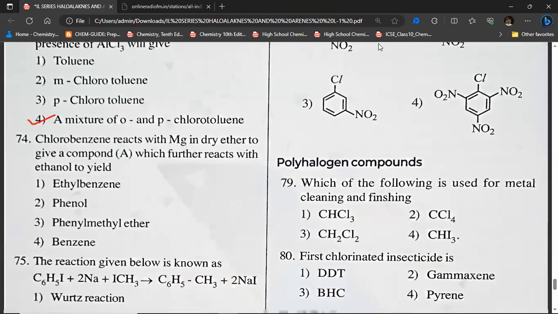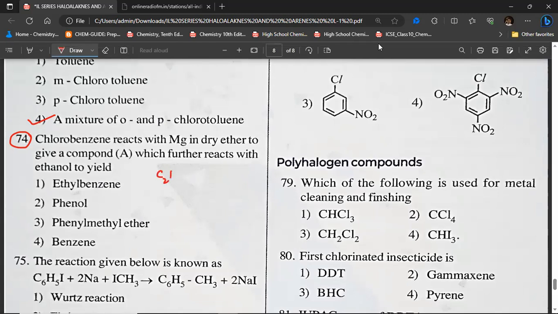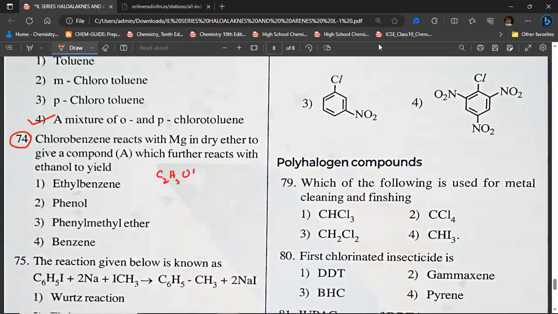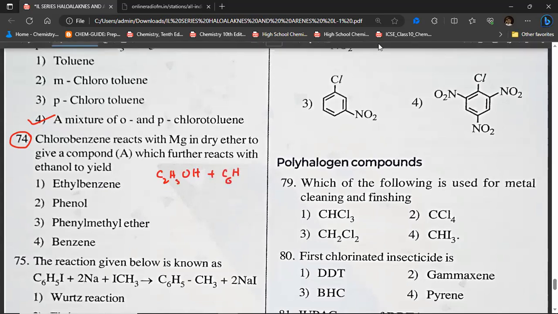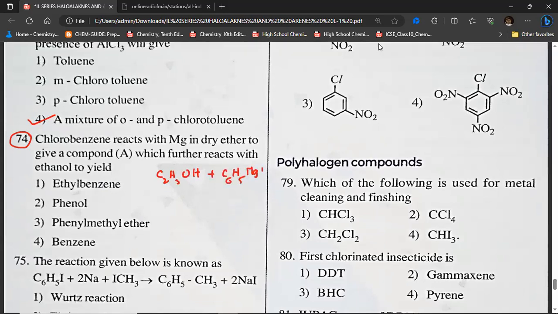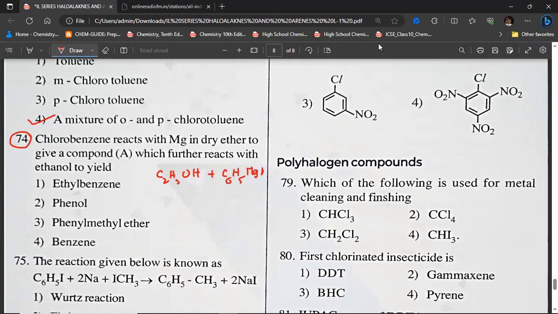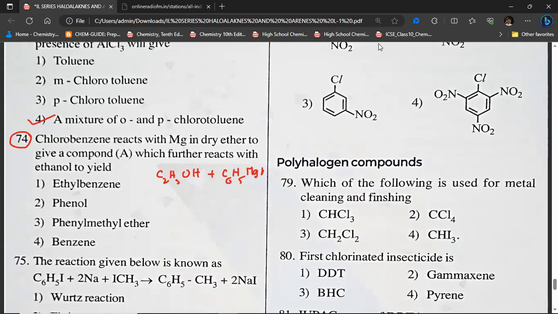Next, 74. Chlorobenzene reacts with magnesium in dry ether and gives a compound. Obviously, it is a Grignard reagent type of compound, phenyl magnesium chloride. It further reacts with ethanol, C2H5OH. The phenyl magnesium chloride is C6H5MgCl.